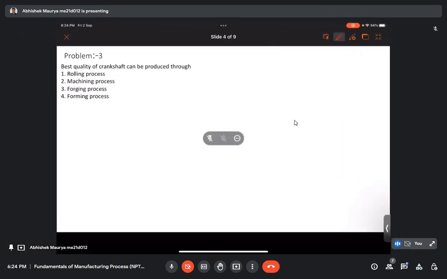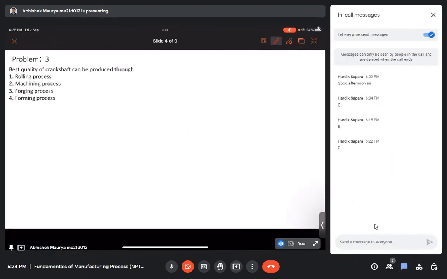So let's discuss it for everyone. Can you think of where crankshafts are used? If you can, then can you type it in the chat? You can type some examples where a crankshaft is used. Yes, Hardik, correct. You are correct.